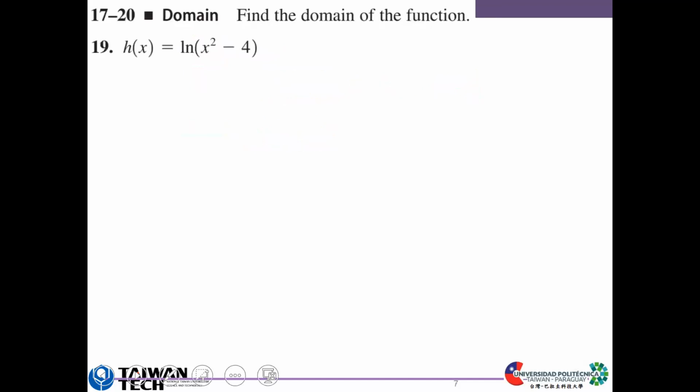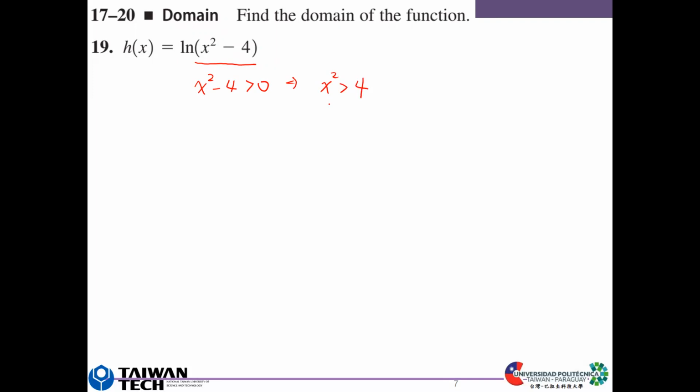And then let's look at problem 19. Find the domain of the function. Since what is inside the log, this is natural log, ln, must always be larger than 0, we have x squared minus 4 larger than 0, and then x squared larger than 4.